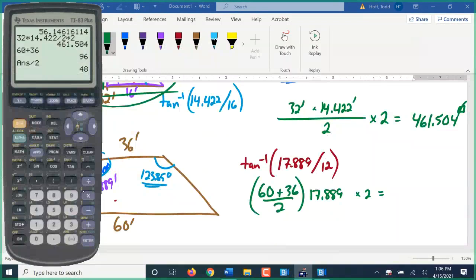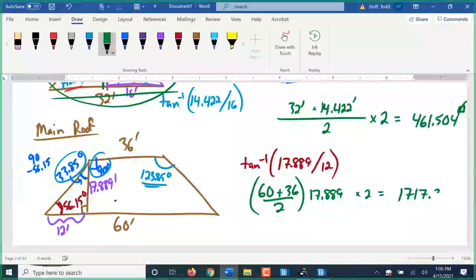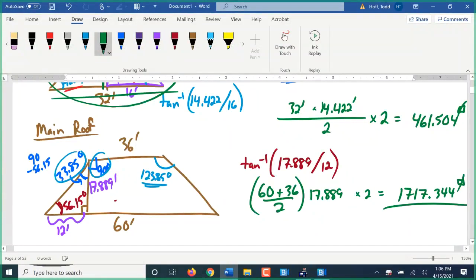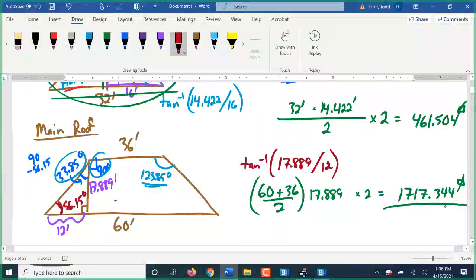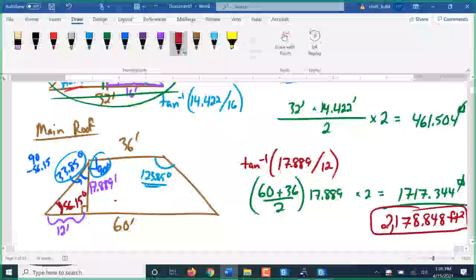So we've got 48 times 17.889 times 2 is 1717.344. Again, square feet. So our result here, 2,178.848, basically 2,179 square feet of roof area.